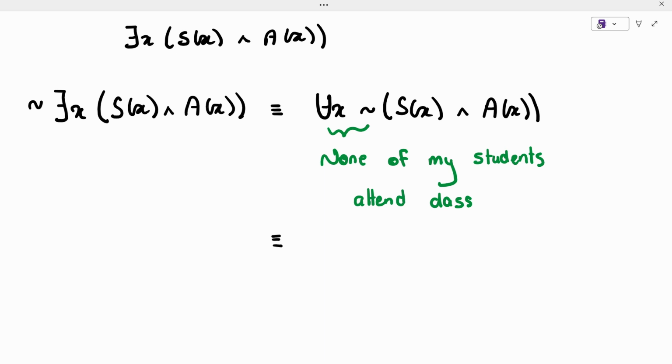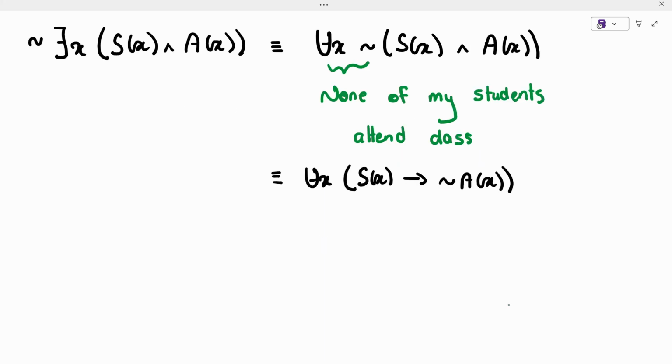We could also use De Morgan's law for negation to get, and in words, this would be all of my students do not attend class, which of course is again false. So these are two ways that you can negate a predicate statement. If you negate the existential quantifier, you could use the word all, or you could use the word none.